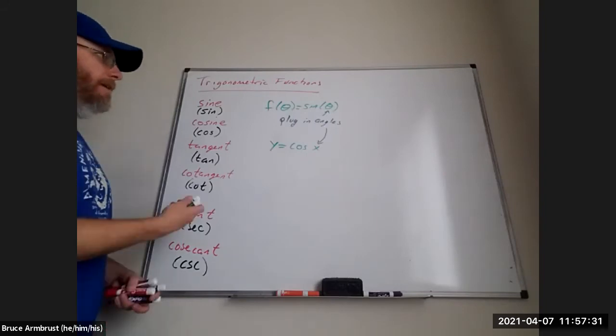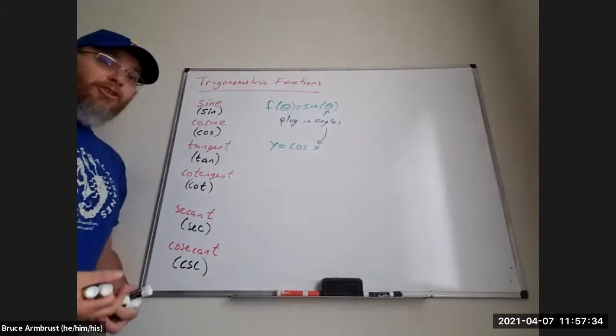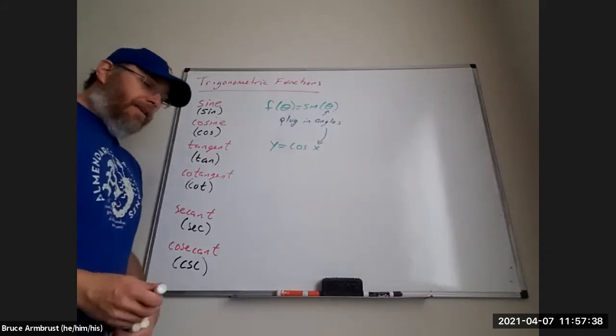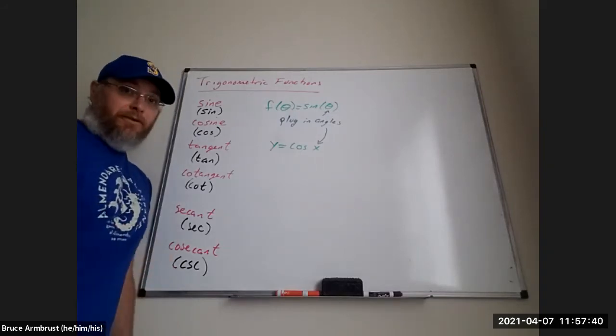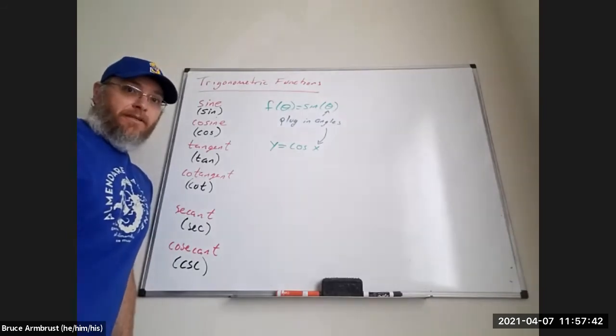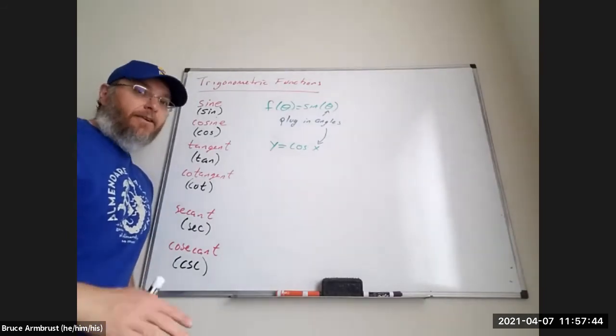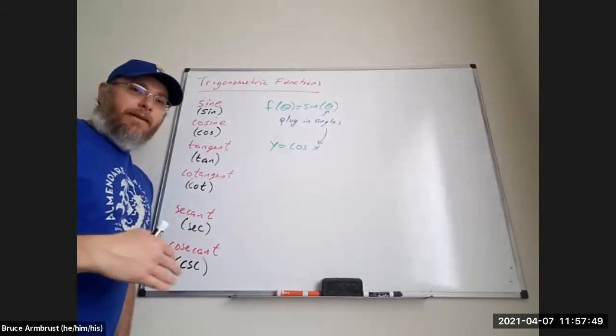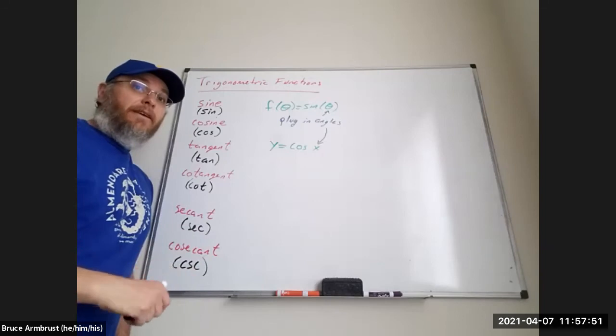Okay, so these are the 6 trig functions. So let me show you where they come from and how they were defined. Now, this is old. This is really old. This is thousands of years old. You can either thank or blame, depending upon how you feel about this, the ancient Greeks.